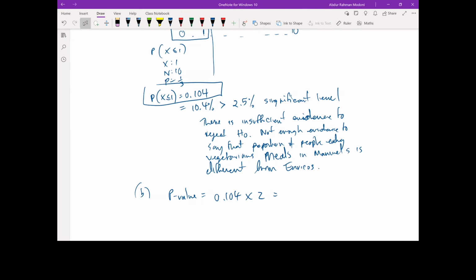Okay, so that is 0.208. And then you could have compared this p-value to the significance level of 5%. So you could have then said that this is 20.8%, which is greater than the 5% significance level, which is another way of doing the hypothesis test and making that final conclusion.